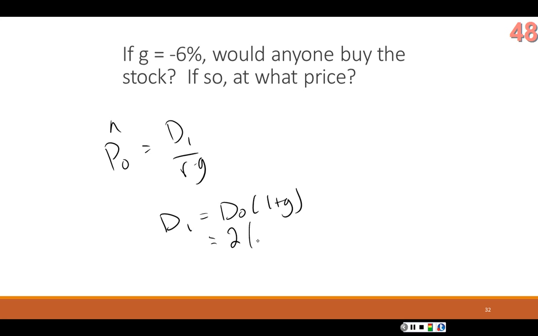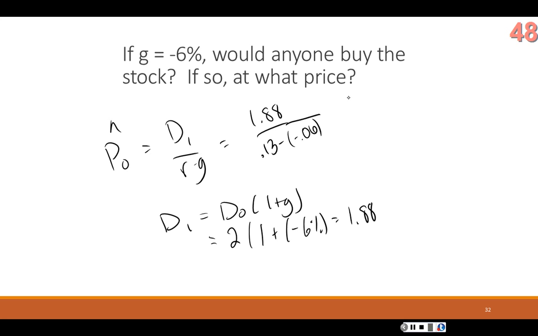Our dividend was $2 times 1 plus a negative 6%. So 2 times 0.94. And that would give you 1.88. So $1.88 divided by our required return minus our negative growth rate. So that would be 1.88 divided by 0.19 to give you $9.89. So yes, this stock still has value and people would still purchase it.